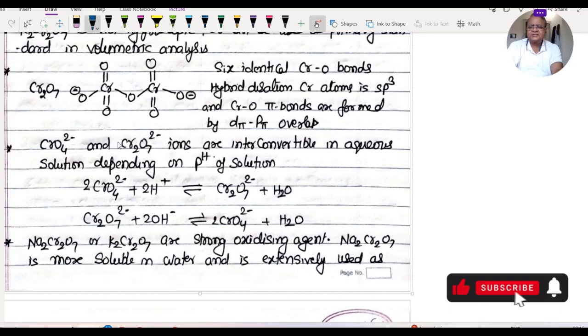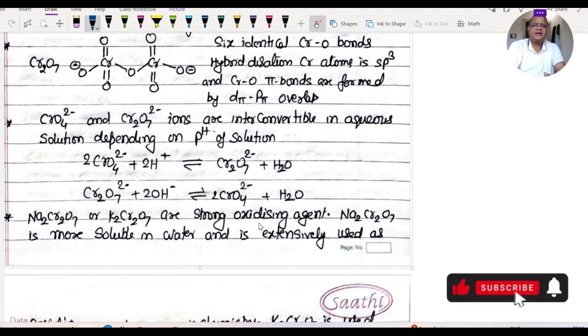CrO4 2- and Cr2O7 2- ions are interconvertible in aqueous solution depending on pH. In acid medium it exists as Cr2O7 2-, and in basic medium it exists as CrO4 2-. That means dichromate ion exists in acidic solution and chromate ion exists in alkaline solution.